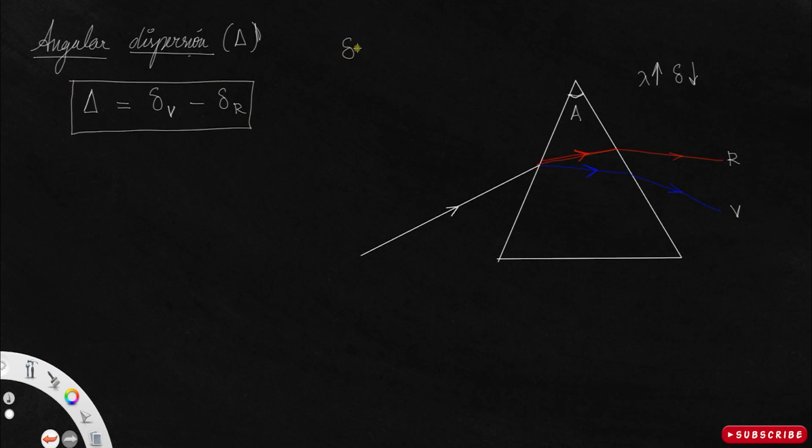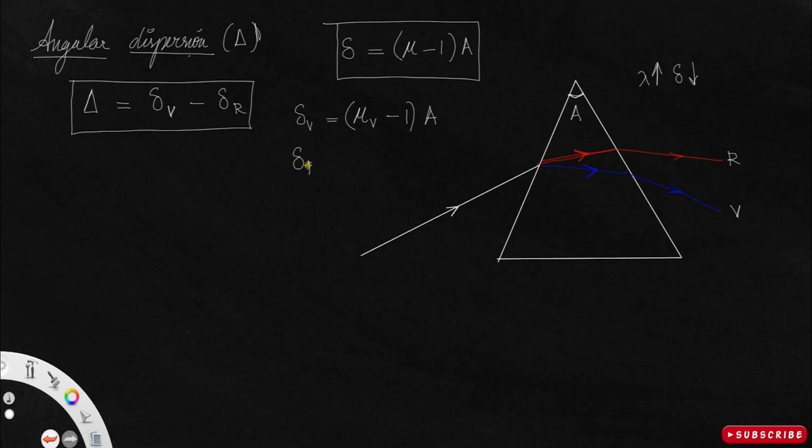But we derived delta is equal to mu minus 1 into A. Okay, so delta V will be the refractive index for the violet light minus 1 times A. Angle of prism remains the same for both lights.